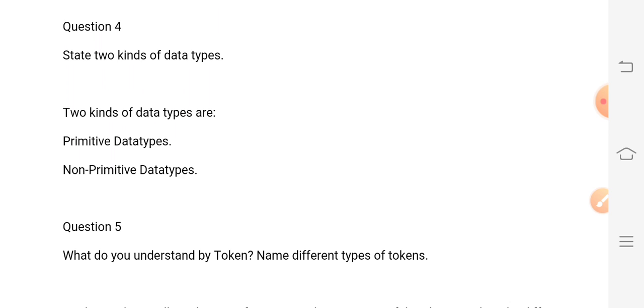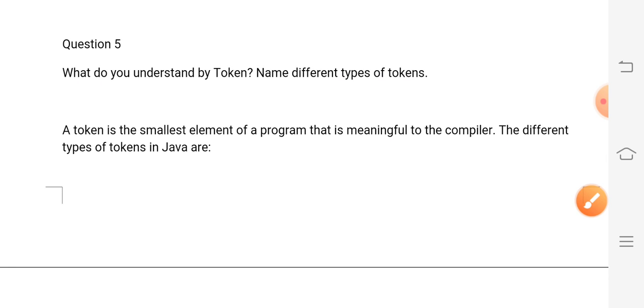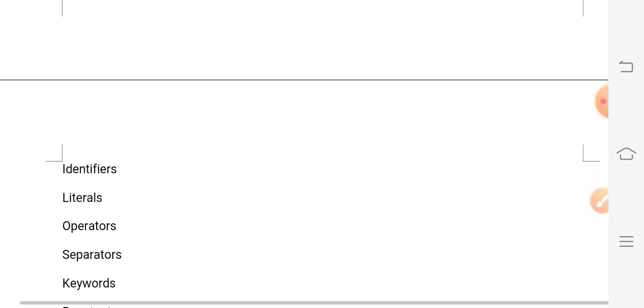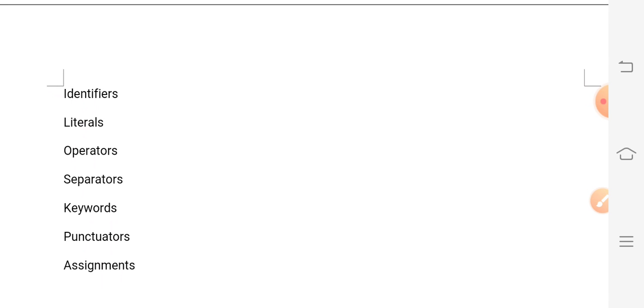Question number 4. State two kinds of data types. So you will write it here, number 1 and number 2, primitive data types and non-primitive data types. Next, what do you understand by token and different types of token? So here is the definition, and different types of tokens are this.